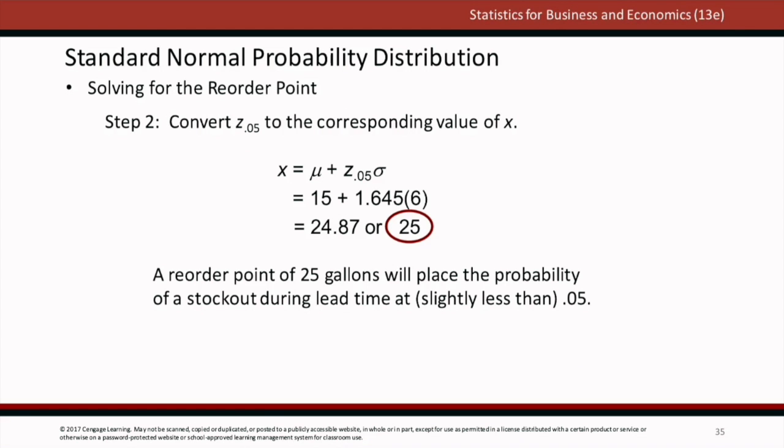Well, now, in the second step, we need to convert the z-score into the corresponding value for the original random variable. To do that, we have this formula here. The value is going to be the mean plus the z-score that we just found times the standard deviation. Now this formula is just solving for x in the formula of the z-score.